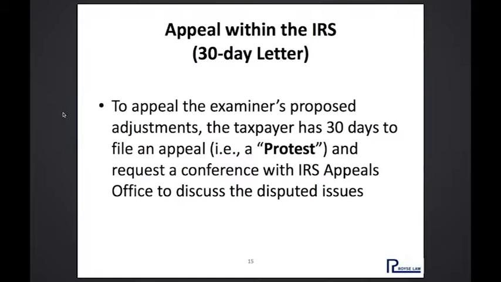Now, to appeal the examiner's proposed adjustments, the taxpayer has 30 days within which to file a protest requesting a conference with the IRS Appeals Office to discuss the disputed issues.